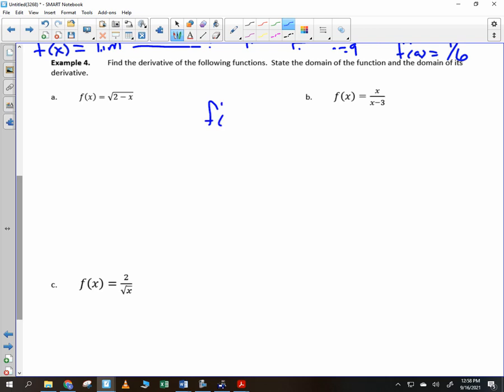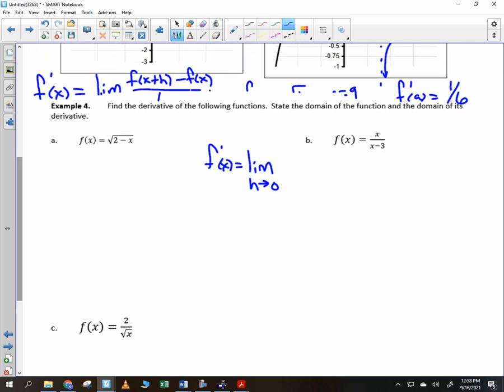F prime of x is equal to the limit as h goes to 0 of, again, we're using this definition right here. What do we plug in? We plug in x plus h wherever we see an x.